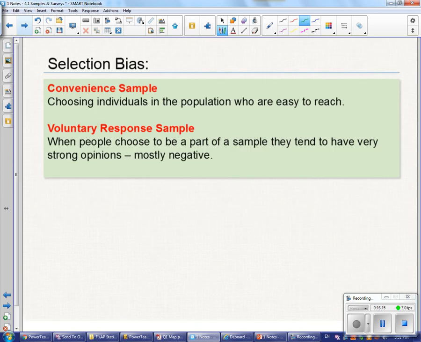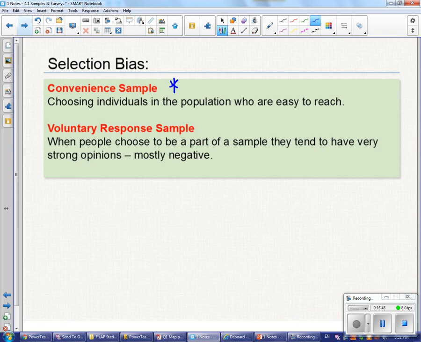Okay, so let's talk about selection bias, bias that occurs in our sampling technique. There are two primary types of selection bias, and that is what we call a convenience sample or a voluntary response sample. And these are probably the most common types of sampling designs that you see or read about. A convenience sample, this is students' favorite sampling technique. A convenience sample is basically when you choose individuals in a population who are easy to reach.